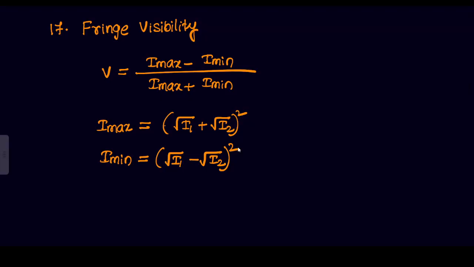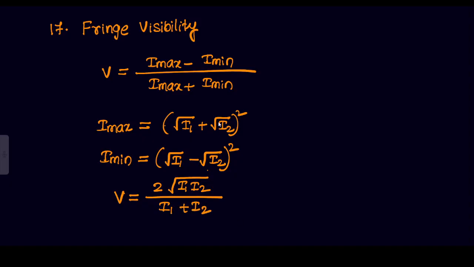Now, if I put these values into I max minus I min by I max plus I min and simplify, then you can get the V value. It will come to be 2 into square root of I1 I2 by I1 plus I2.